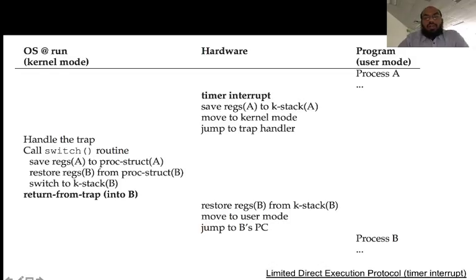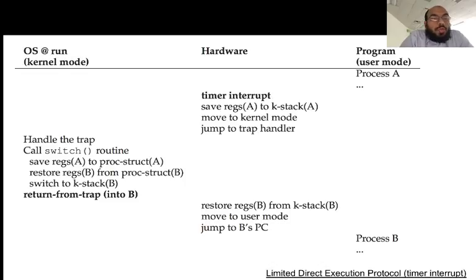So you have a timer, you have a process A starting, and you have a timer interrupt now. You save the registers of process A to the kernel stack of A. You move to kernel mode and jump to the trap handler for the timer interrupt, and you handle it.